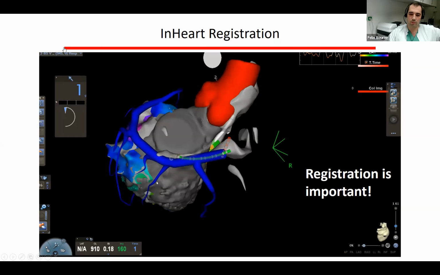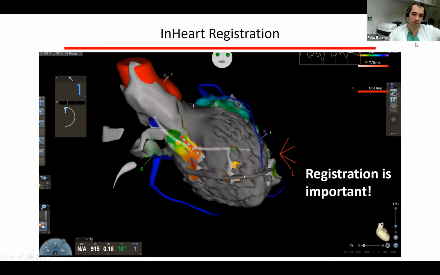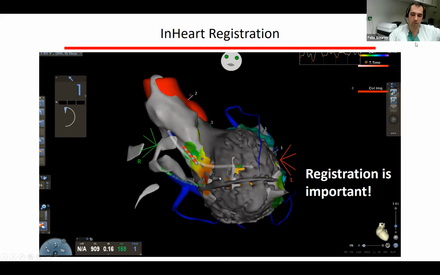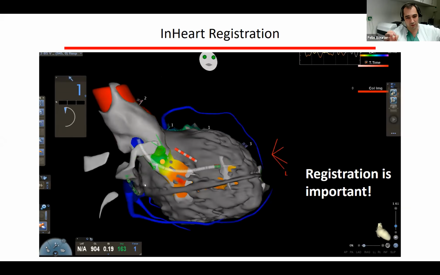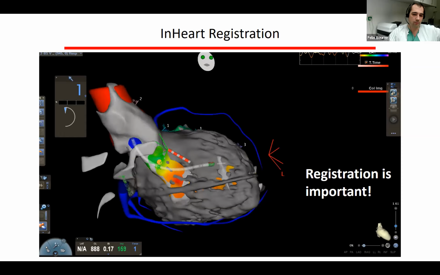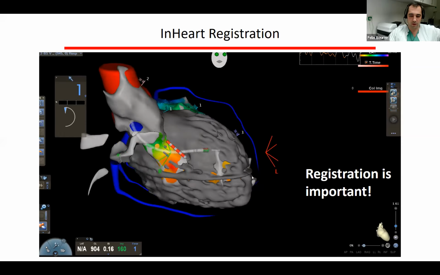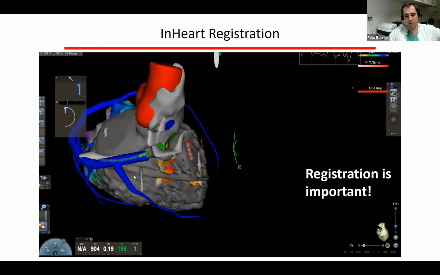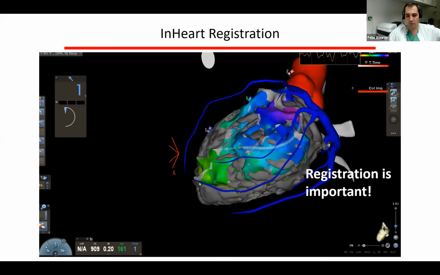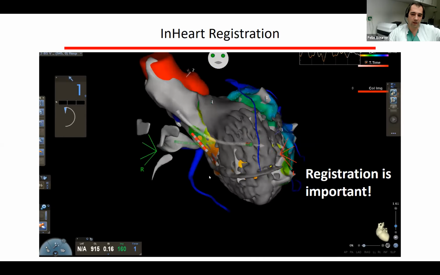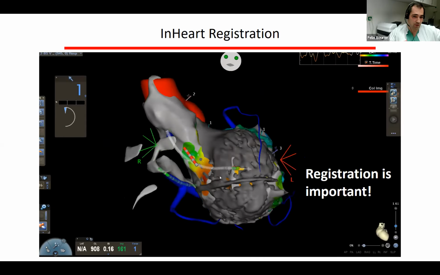As you see here, registration was already performed, and it's very important to do that accurately because we want to get within a millimeter of accuracy. So if you do a registration, you always have to consider the correct registration landmarks. My personal experience is that you should use landmarks close to the heart.